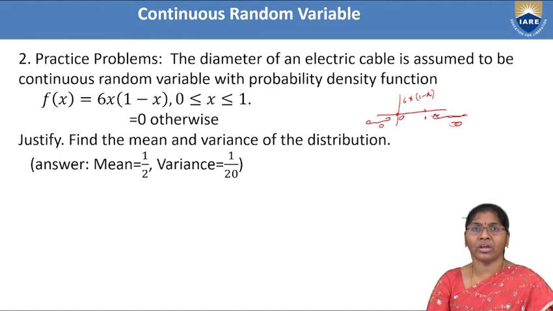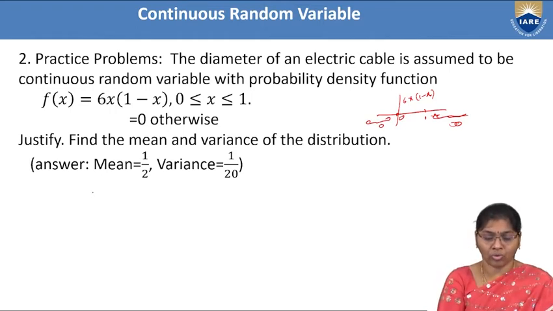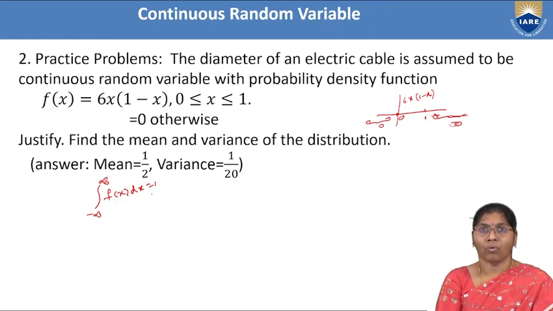Justify and find the mean and variance of the distribution. Simply they are asking for the mean and variance. Here we know the integral from minus infinity to infinity of f of x dx equals 1. What is the mean formula? Integral minus infinity to infinity x into f of x dx.